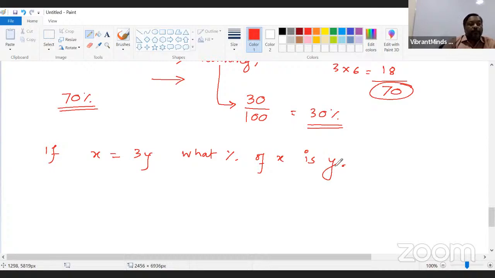What percent of x is y? Anyone? See, the answer is hidden in this statement. Just go ahead.